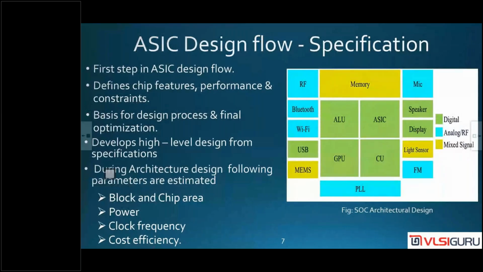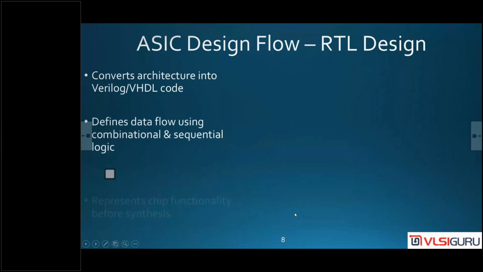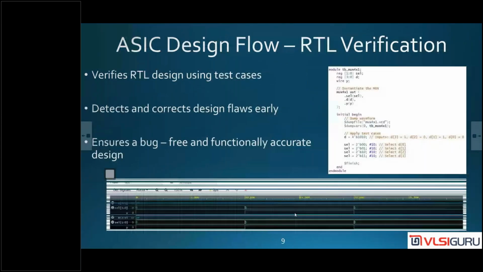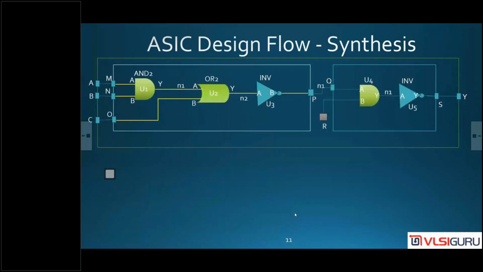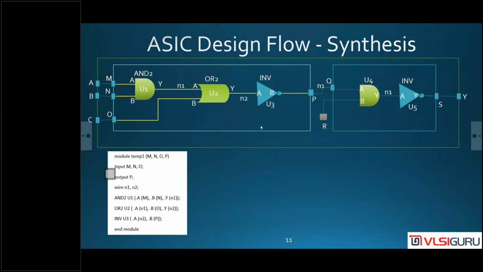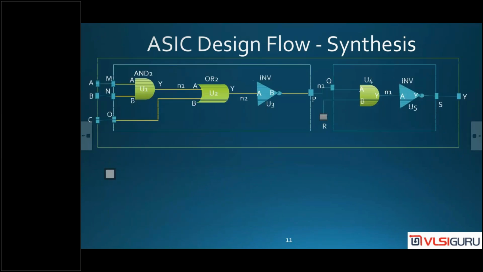So this is one block, this is the second block. Similarly here, after synthesis, I have a gate level diagram. This is the first block, block one. This is your full chip.